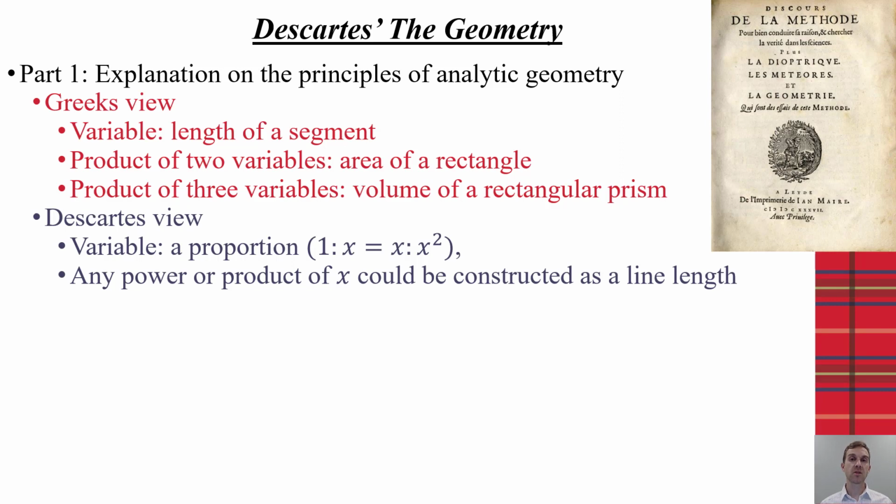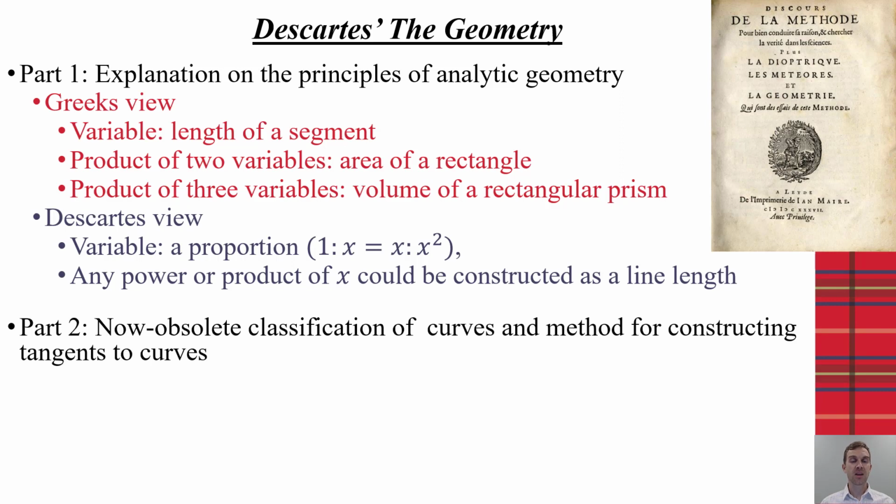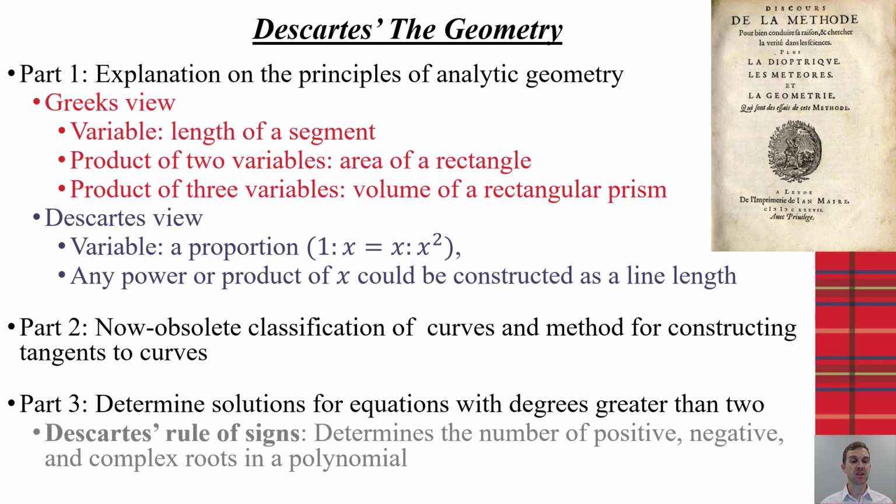And by moving it to that of a proportion, we're able to look at the length being constructed for x to any power. Therefore, it's more easily able to be constructed. The second part focused on classifications of curves and other constructions of tangents to curves that are now obsolete. And then the third focused on how to determine the solutions to any degree polynomial equation.